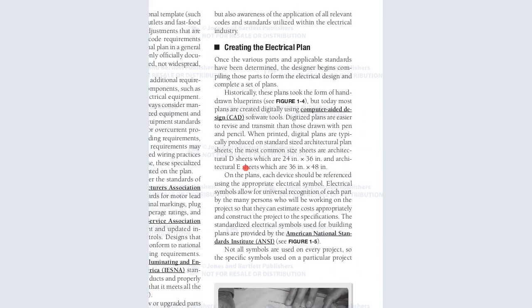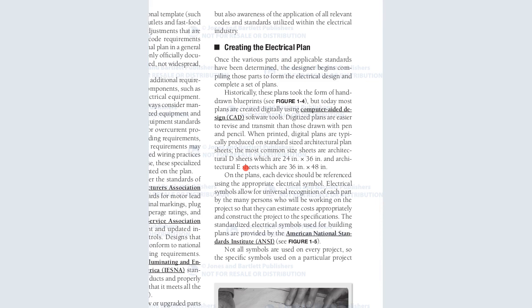Now, creating an electrical plan. As electrical engineers, at this point you are supposed to have used CAD. CAD is software called computer-aided design. Once the various parts and applicable standards have been determined, the designer begins compiling those parts to form the electrical design and complete the set of plans.